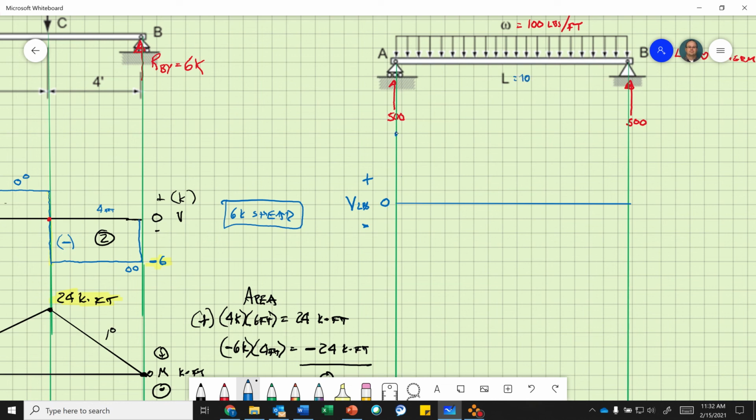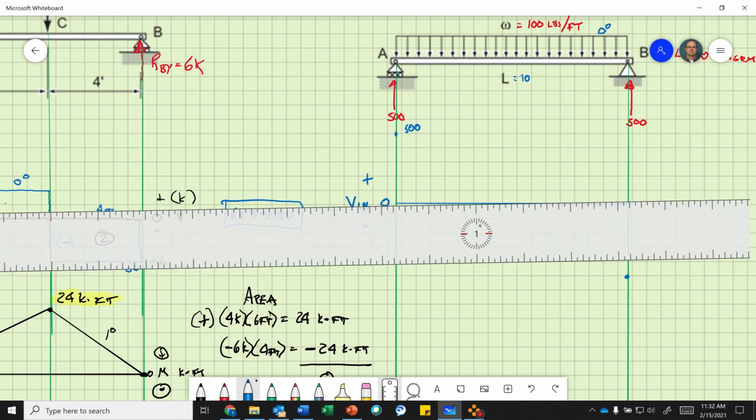So from this point here of my 500 pounds all the way down to here minus 1,000, right? 500, I'm adding plus a negative 1,000 because these are pointing down. I get a negative 500. 1, 2, 3, 4, 5.